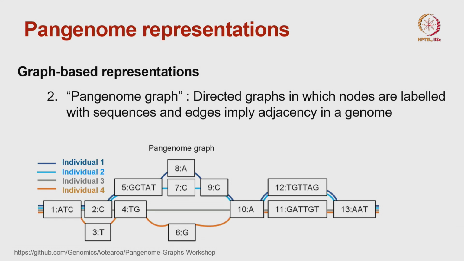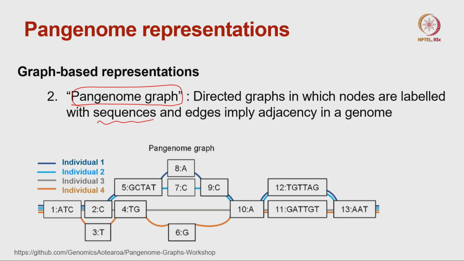In this pangenome graph or sequence graph, we basically have a directed graph where nodes are labeled with DNA sequences and edges imply adjacency of those nodes in one or more genomes. For example, at the bottom I am showing you an example of a pangenome graph constructed using genome sequences of 4 individuals.